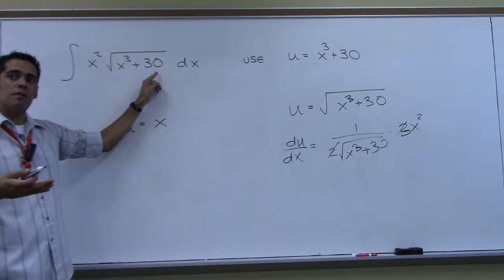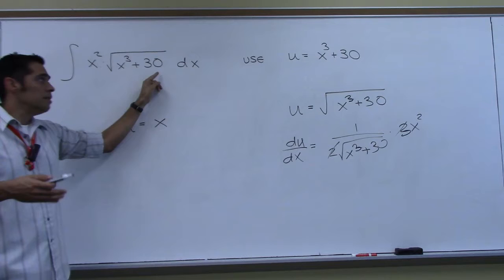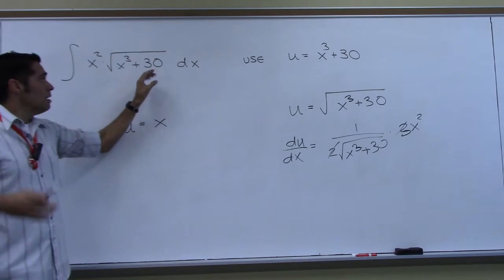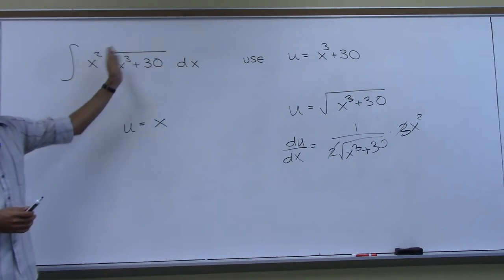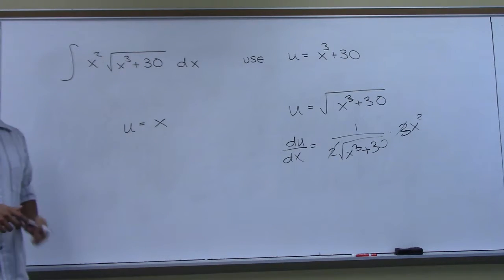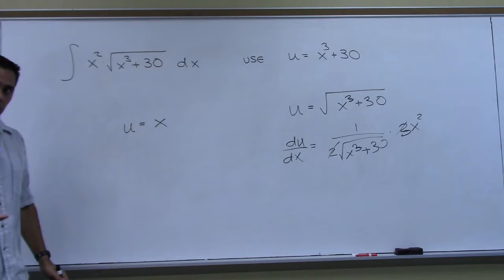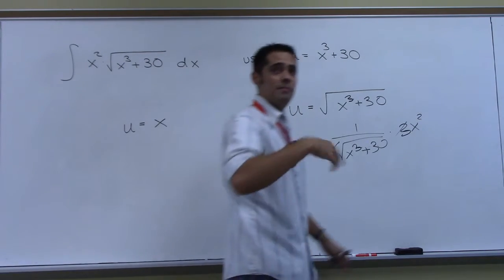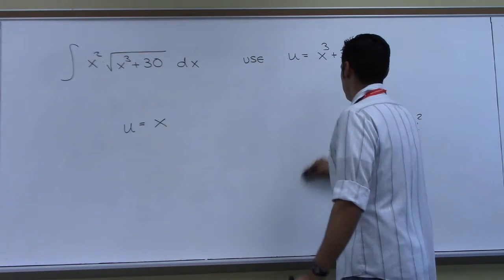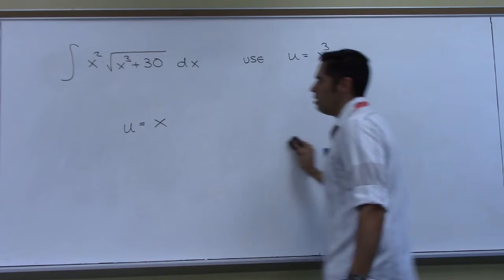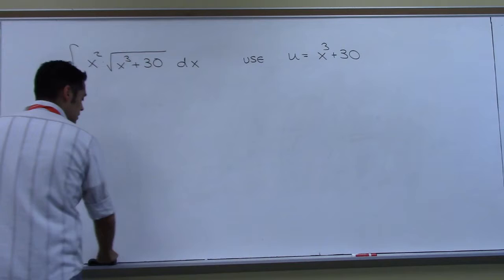Do you know the antiderivative of the square root of u plus 30? Not right off the hand. But if the whole thing gets replaced with u, then it's just the square root of u, and the antiderivative of the square root of u we can use the power rule on. So you might have to learn that lesson by doing some and seeing that it takes you a little longer if you don't pick quite enough.